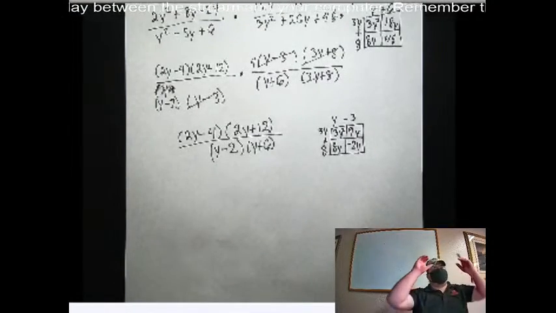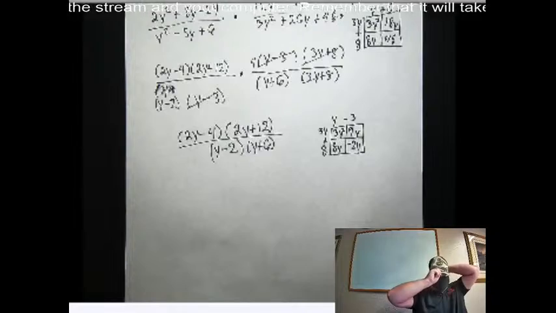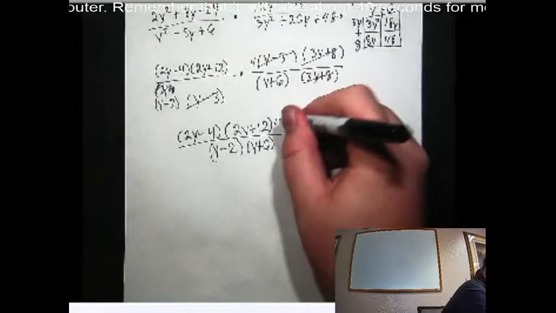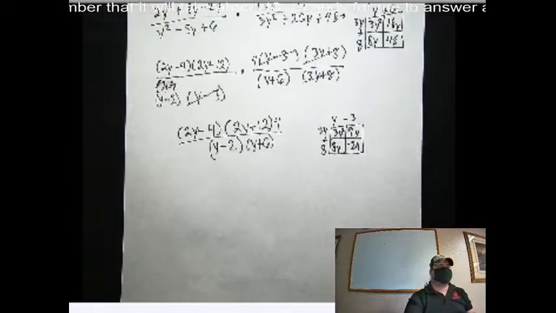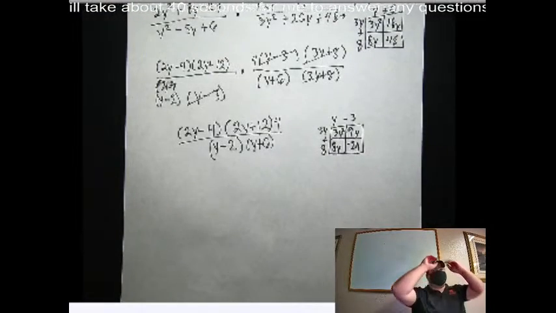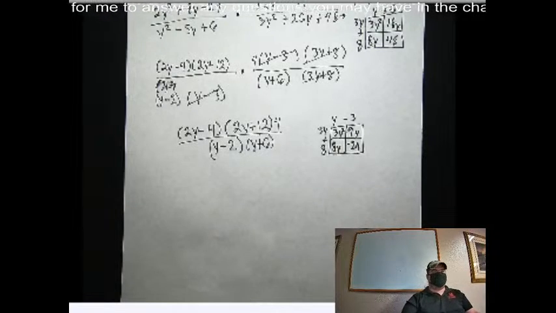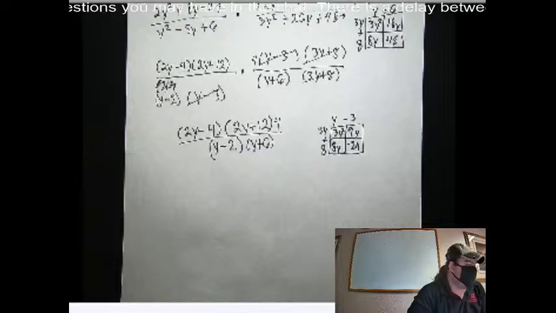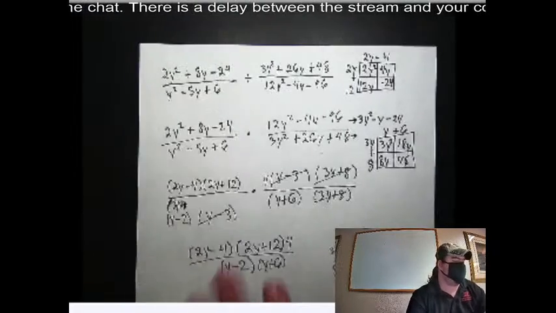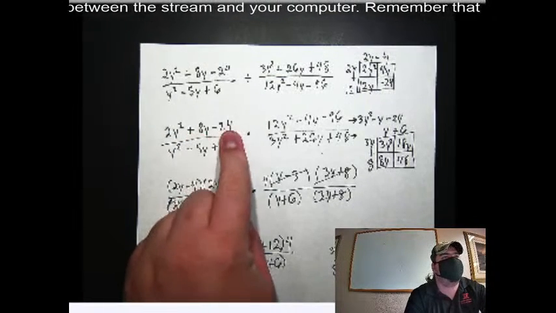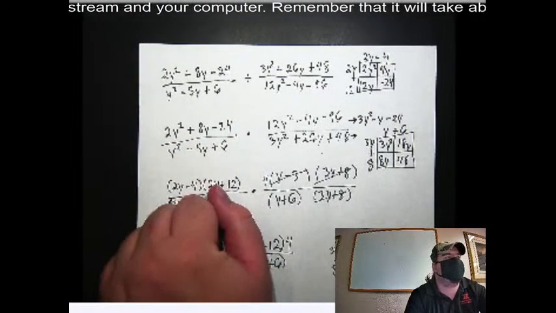I'm going to give you a hint right now: this is not correct. Besides the fact that I missed the 4 that's supposed to be here. Can anyone see somewhere else that we can factor? Yes. If we look back up here, 2y, 8y, and 24 can all be divided by 2, can't they?